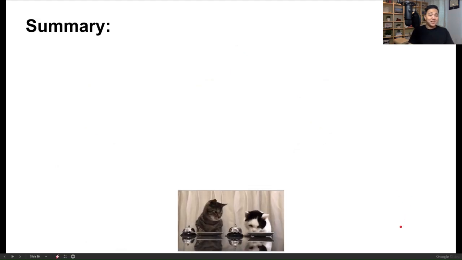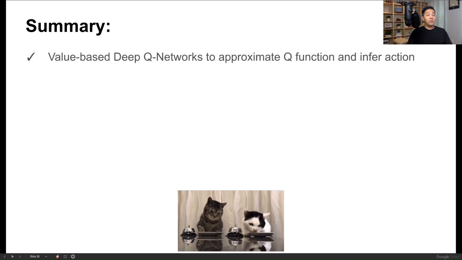So, in summary, we learned a few exciting algorithms in reinforcement learning, and they kind of build up on top of each other. So it's really nice to see the progression of reinforcement learning. We learned about the value-based deep Q network to approximate the Q function and infer the best policy.